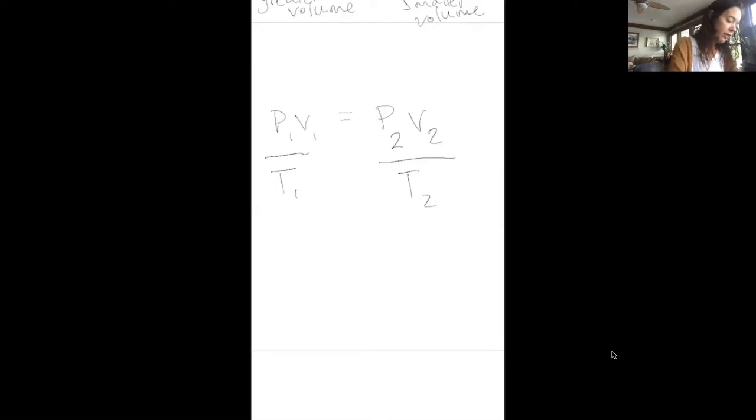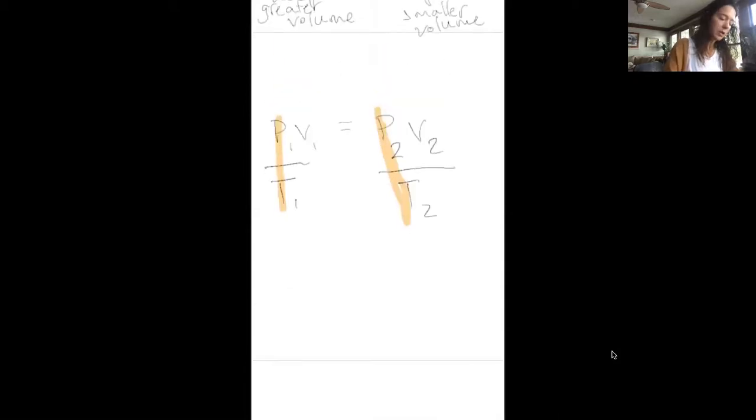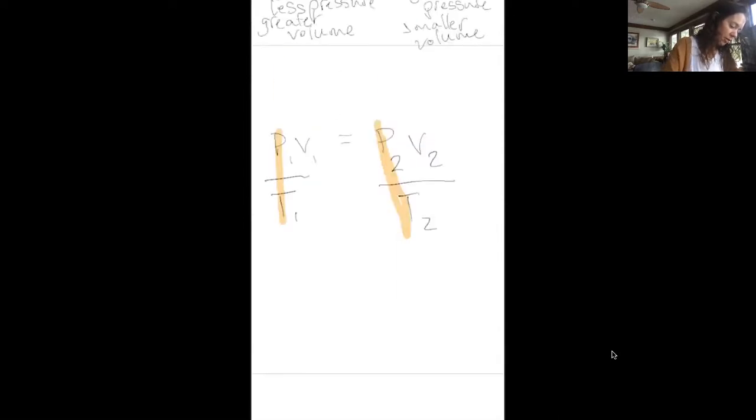If the volume is not changing, then I can just use this formula: P over T equals P over T. And I can ignore the volume. I can just totally ignore it. So you can memorize that: P and V are on top, and temperature is on bottom.